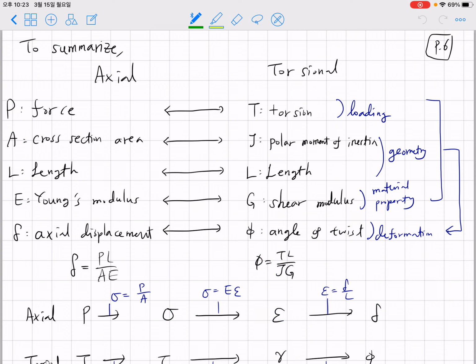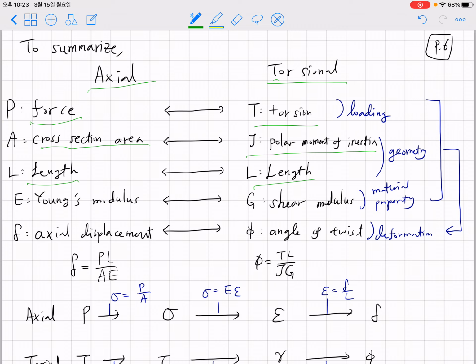So to summarize, these are the one-to-one analogies that we can make between axial and torsional loading. In axial loading, we have force as the external stimulus. For torsional loading, we have torsion, which is torque about the rotation axis, as the external stimulus. As a geometrical factor, we have cross-sectional area for axial loading, but polar moment of inertia for torsional loading, and the length is the same.